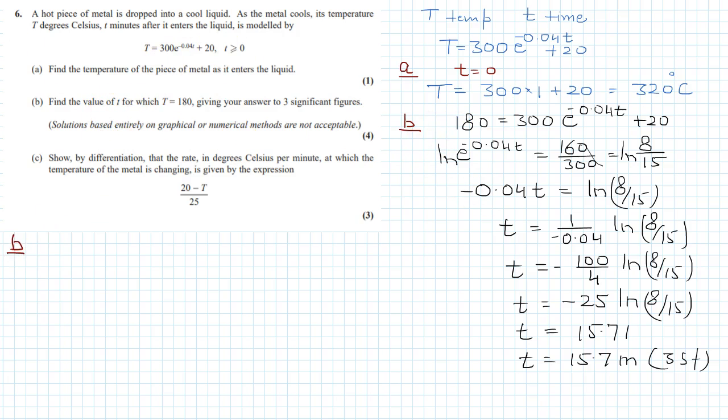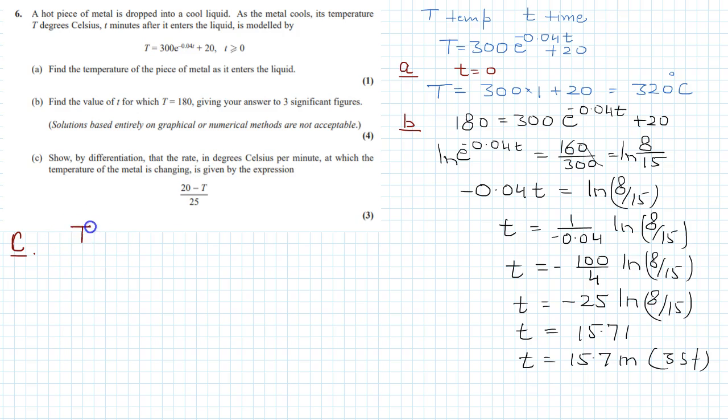Now we have already done part B. Now is part C. Show by differentiation that the rate in degrees Celsius per minute at which the temperature of the metal is changing is given by the expression. So we have to differentiate it.